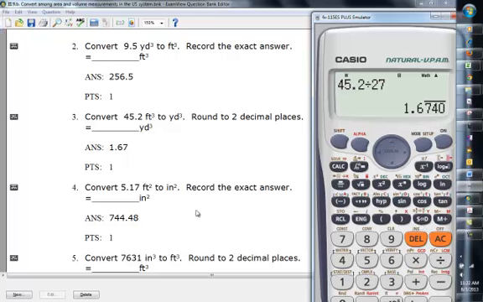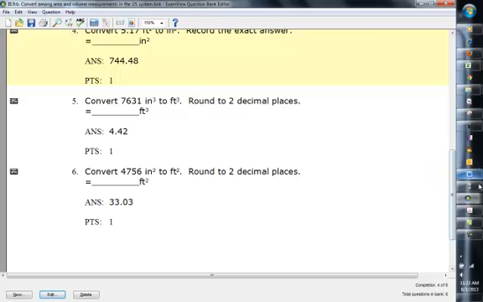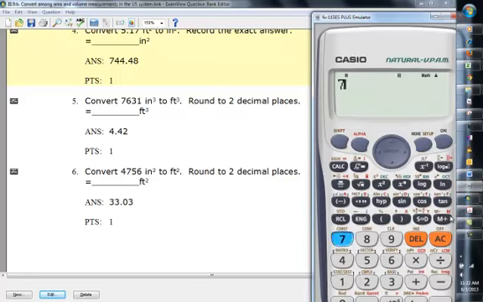Next one, feet squared to inches, so 5.17 times 144, because there's 144 square inches in a square foot, and so that'd be 744.48. Next one, cubic inches to cubic feet, so 7,631 divided by 1728 gives us 4.42, rounded to 2 decimal places.